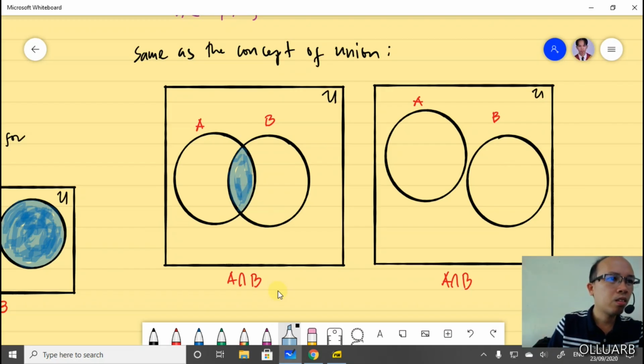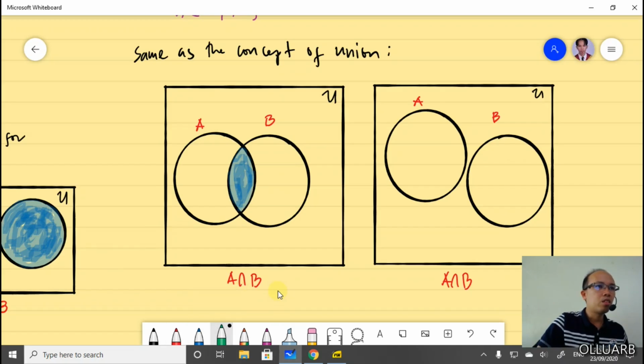So be careful to shade. But in this second case, let's have a color green. This is case 1. This is case 2.